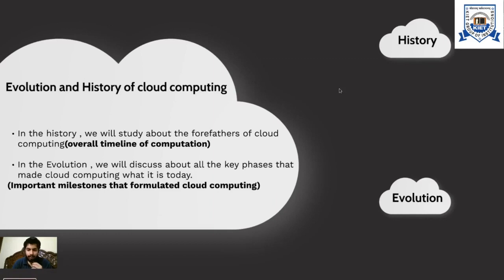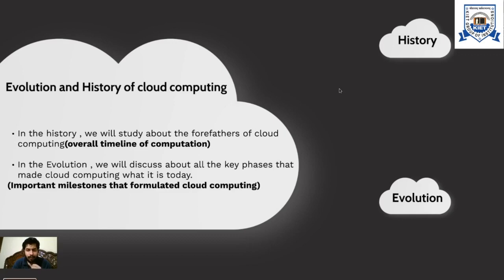When we talk about history of cloud computing or evolution of cloud computing, these two words in the context of cloud can be used interchangeably, right? But in this specific video I have segregated these two terms. In the history of cloud computing, we will be studying the forefathers of cloud. Cloud computing is itself an evolved product and it has gone through many stages, right?